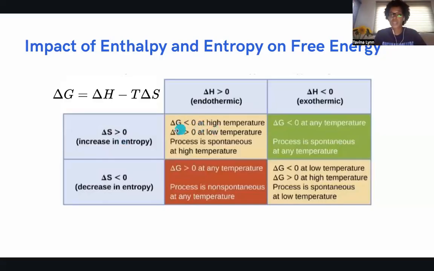But what you'll see is that if this term here is positive and this term here is also positive, really the sign of delta G is determined by temperature. So at high temperature, we see that delta G is less than 0, and at lower temperature, delta G is greater than 0.